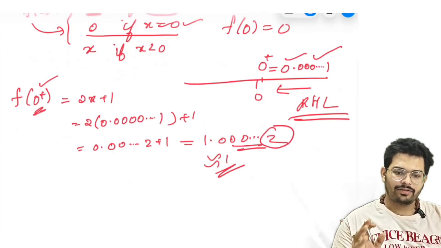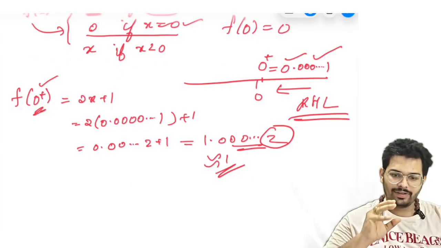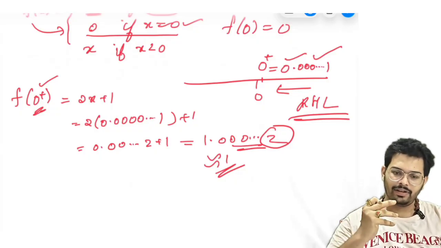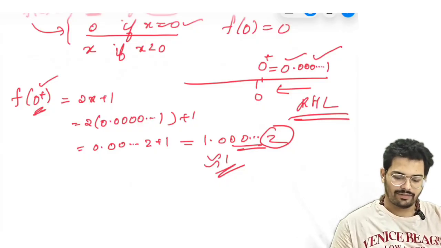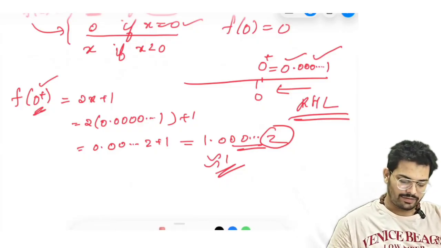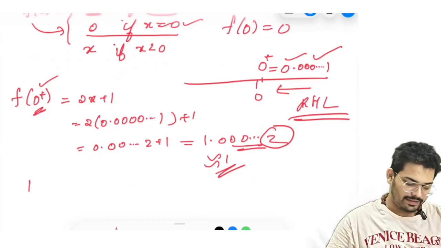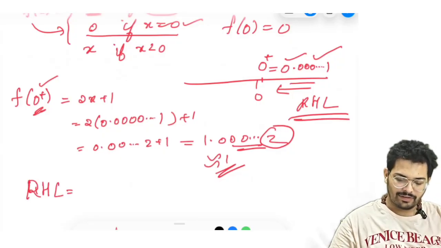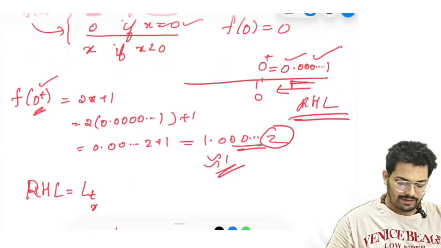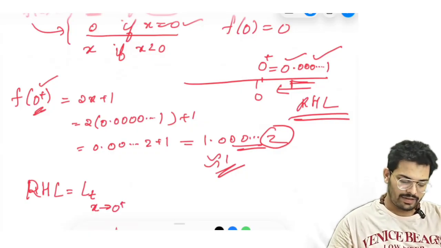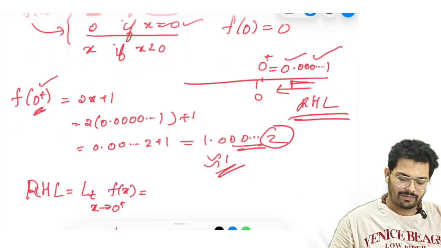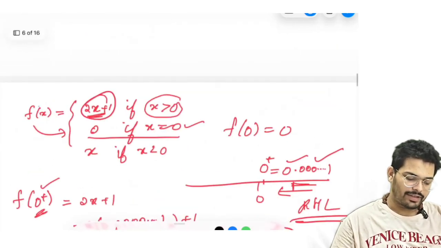So there we are using the logic of limit, which means we can find for which value the function is converging. For that, we use the term right hand limit. When you approach this function from a slightly positive value, that is x is tending to 0 plus, then the value of the function is equal to the limit as x tends to 0 plus of the function definition 2x plus 1.